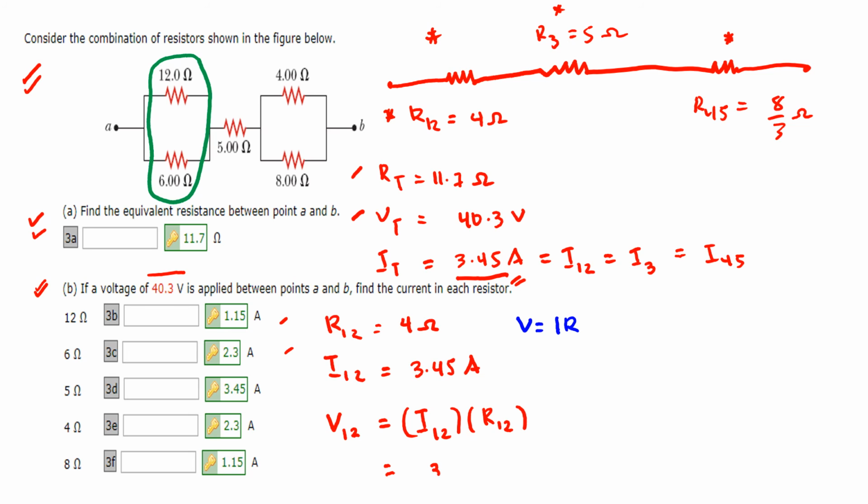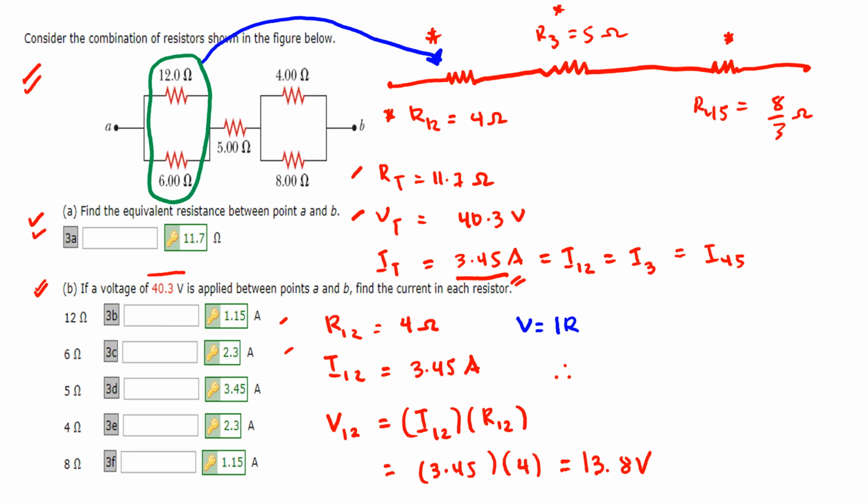Therefore our current is 3.45 multiplied by our resistance, which is equal to 4, and that is equal to 13.8 volts. Now remember that R12 is just the parallel combination of resistor 1 and resistor 2.